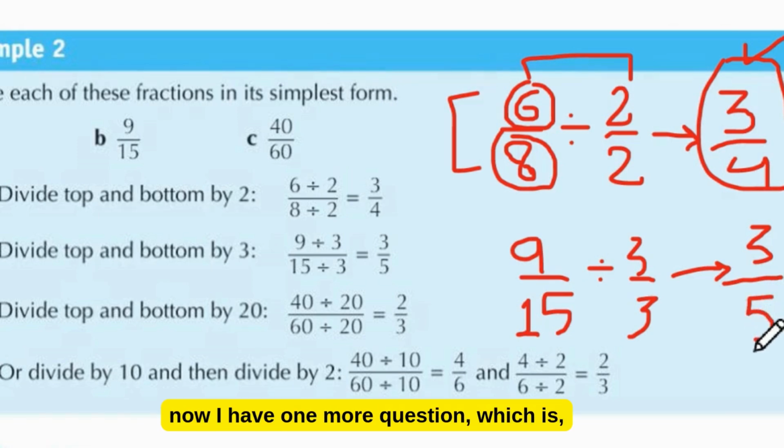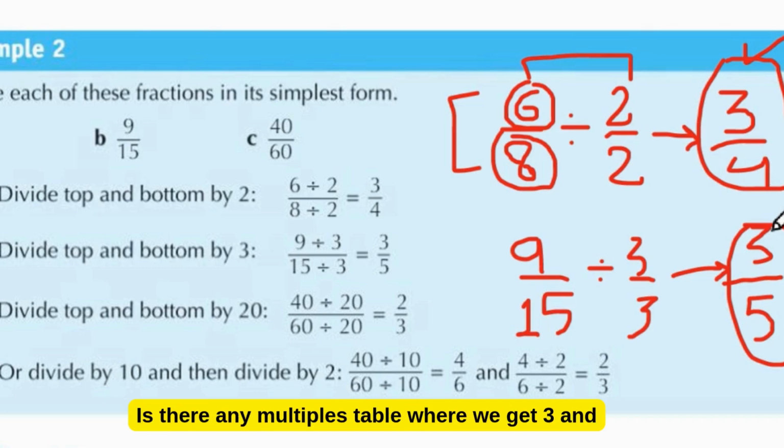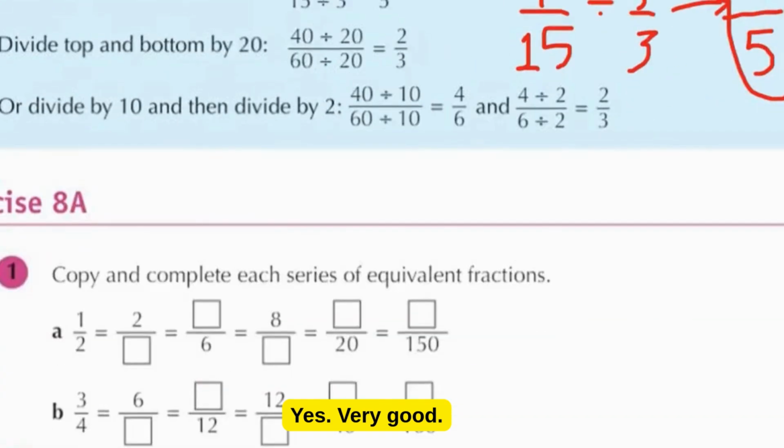So now I have one more question: can you further divide this 3 by 5? Is there any multiples table where we get 3 and 5 except 1? No. Very good. It means 3 by 5 is our simplified form. Do you understand? Yes. Very good.